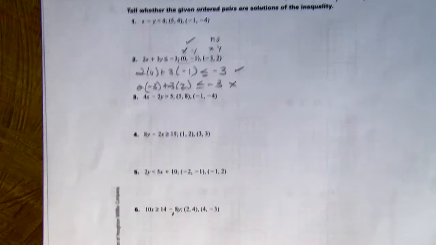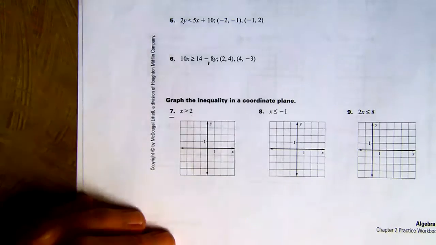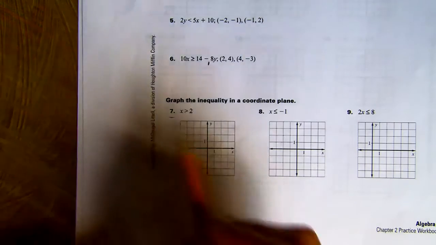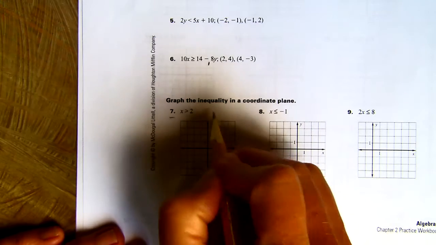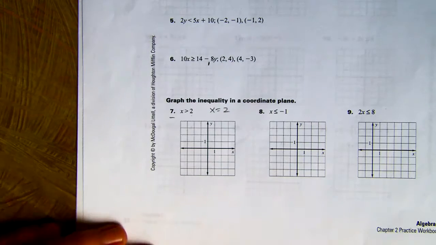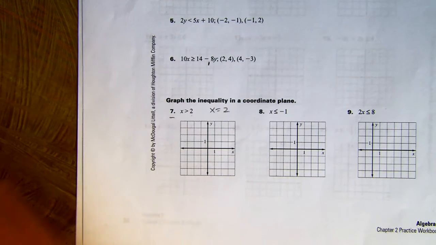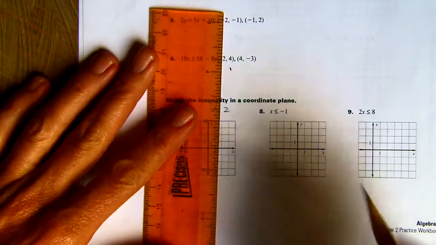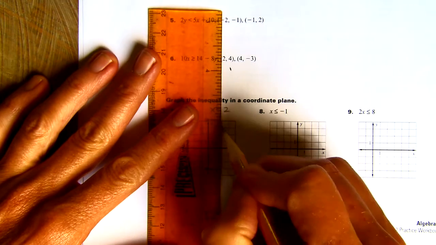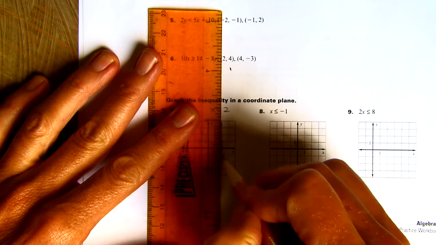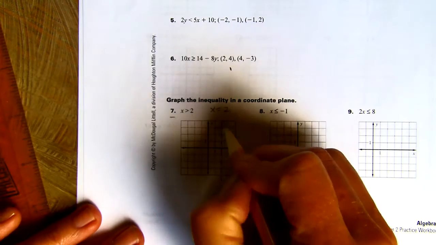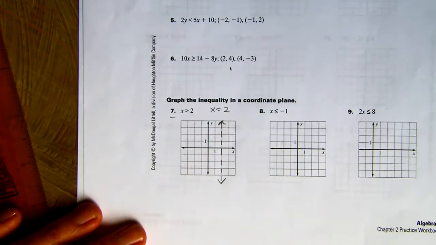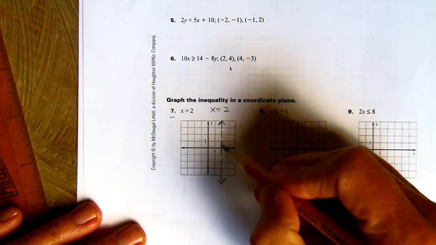All right, a little bit of review about how to graph inequalities. x is greater than 2. Well, I want to think about x equals 2 to graph that boundary. And remember, it's a little not intuitive in that x equals something is a vertical line because x is always the same number.